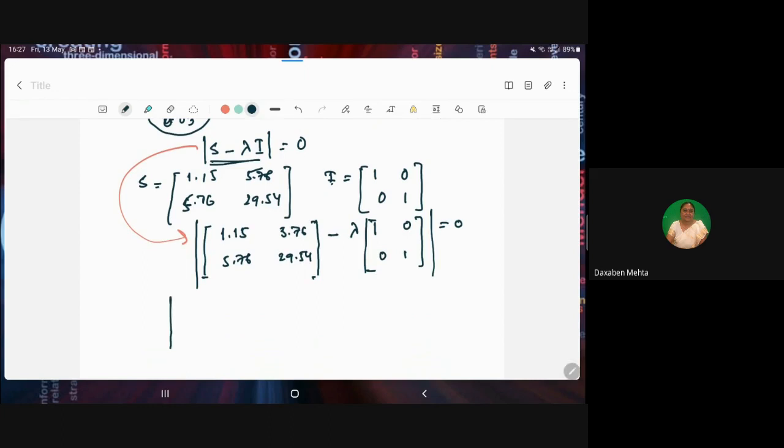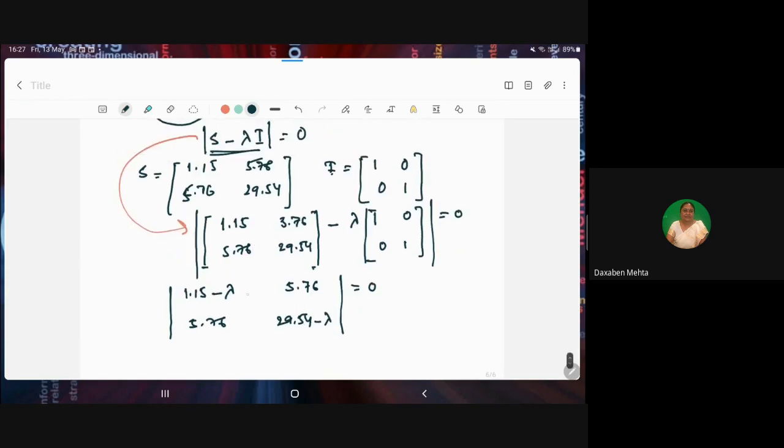If we calculate this using the matrix subtraction rule, it becomes 1.15 minus lambda, 5.76, 5.76, 29.54 minus lambda, equals 0. Using the multiplication rule, the result becomes (1.15 minus lambda) times (29.54 minus lambda) minus 5.76 squared equals 0.